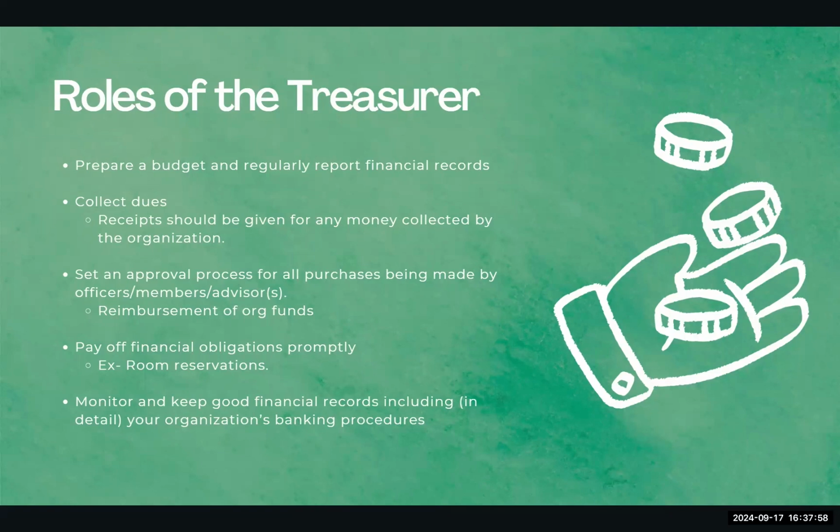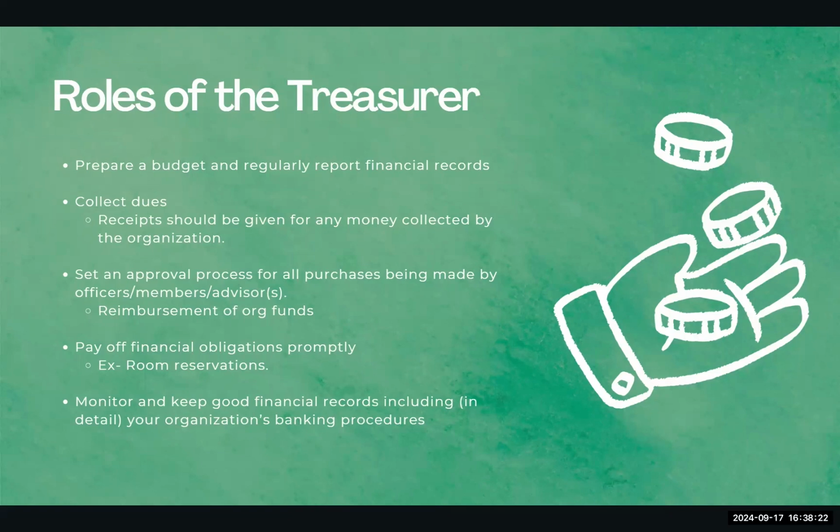A lot of times if your organization collects dues, they collect the dues, they have receipts. They have a receipt book as well to give that to the organization, and they have an approval process for all purchases being made by officers, members, advisors. So no purchases should be made on behalf of the organization without the treasurer being aware of that purchase.